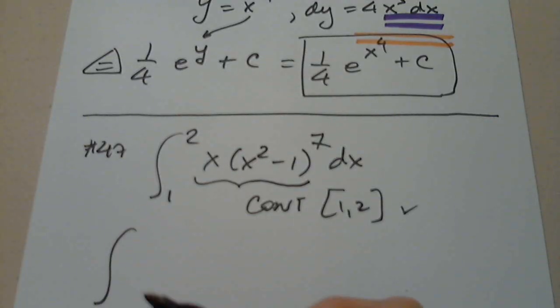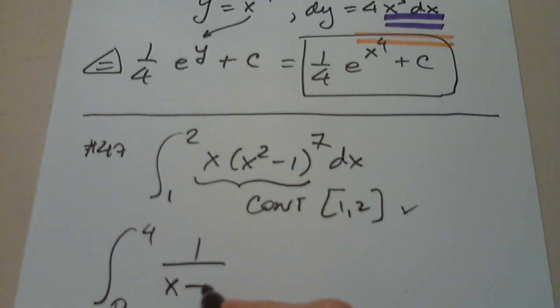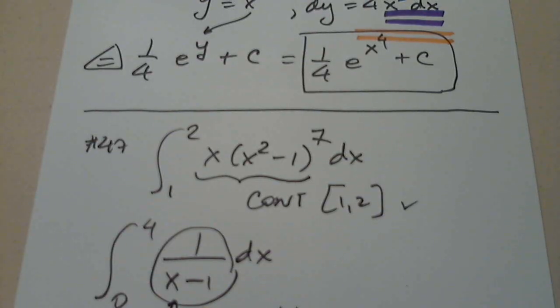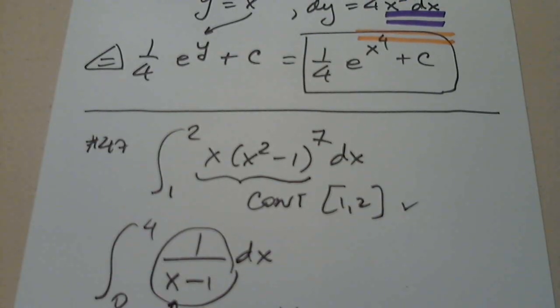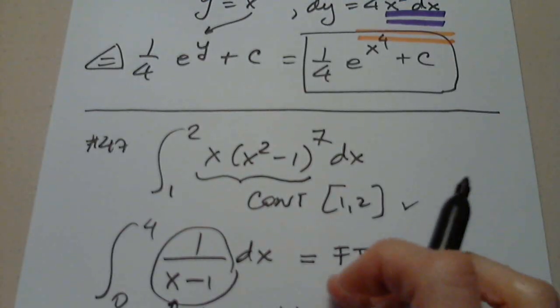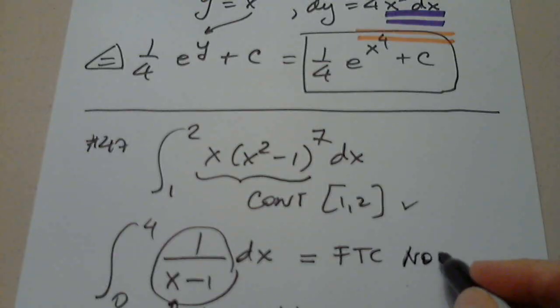If you ask me to determine the integral from 0 to 4 of 1 over x minus 1 dx, you realize that this function is not defined at 1. 1 is in the interval. So this function is not continuous on [0, 4]. All I have to write at this point is FTC, Fundamental Theorem of Calculus, not applicable.